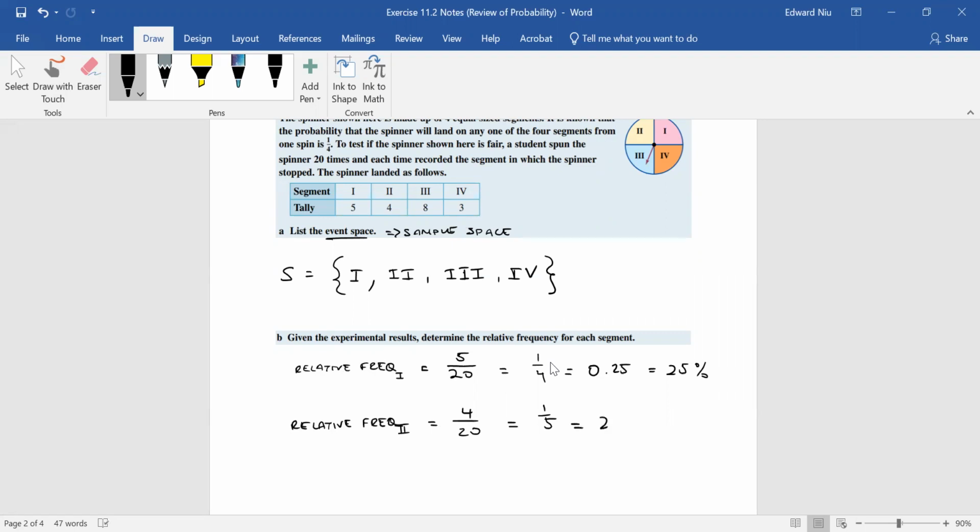This would be 0.2, which is 20%. Relative frequency. For segment III, we've got 8 out of 20, which is 4 on 10, 2 on 5.